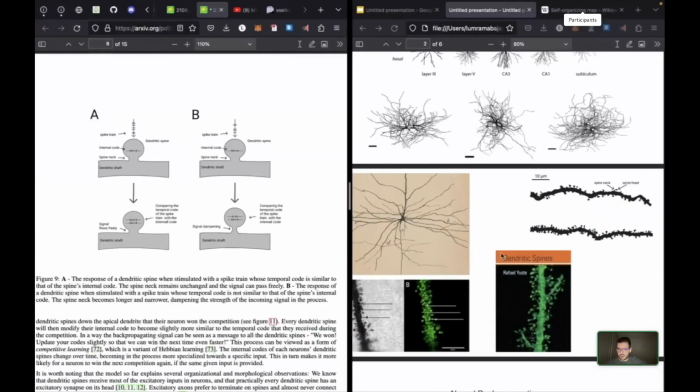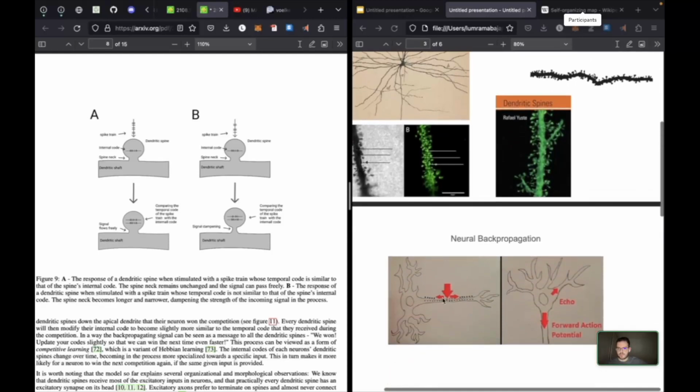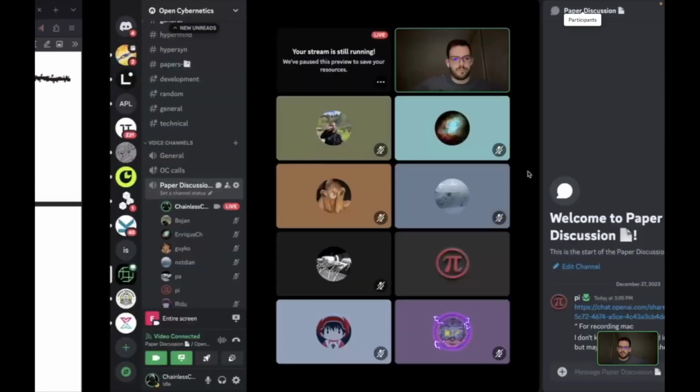This book, by the way, I highly recommend Rafael Yuste's book to anyone interested in this topic, even his papers. Rafael Yuste was also the first guy that covered that the backpropagating signal does have an effect on the dendritic spines. Maybe someone else did cover that before Rafael Yuste, but he really wrote some nice papers about that.